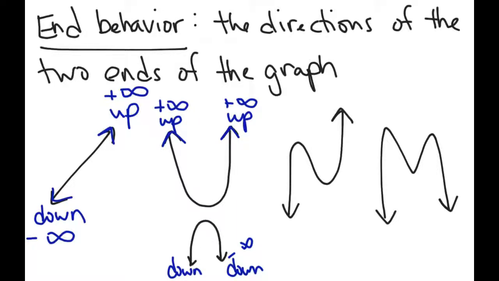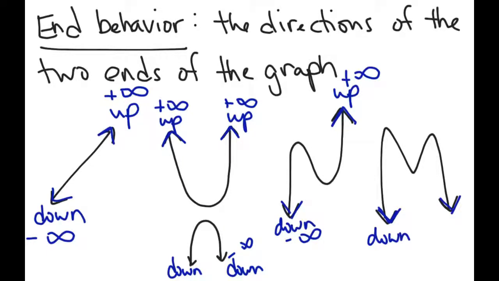For the next function, which was our cubic function, this end of the graph goes up, this end of the graph goes down, or you can tell me that this end goes to positive infinity and this goes to negative infinity.